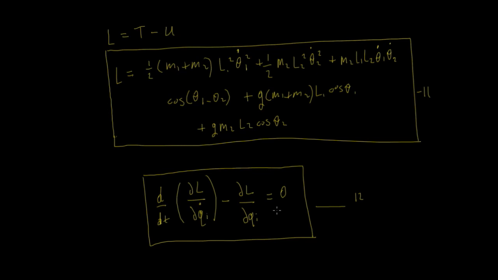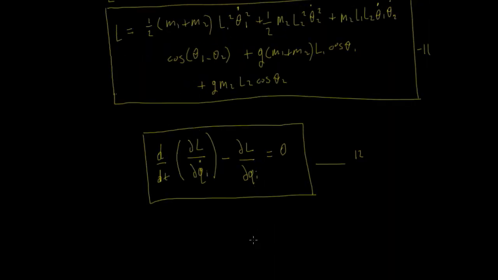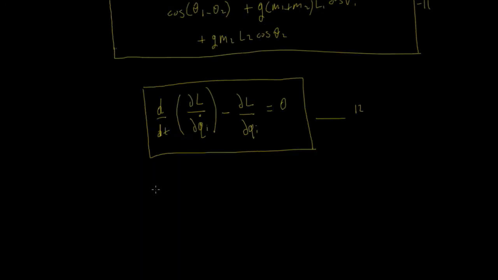Now we're interested in these values q i. For i equal to 1, q1 is just our theta 1, and q2 is equal to our theta 2.